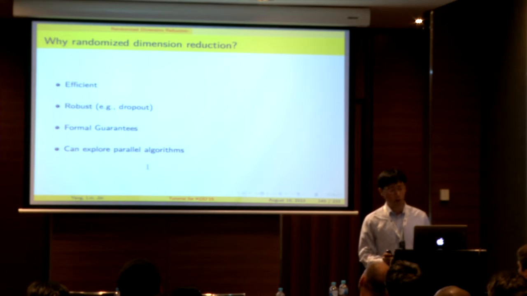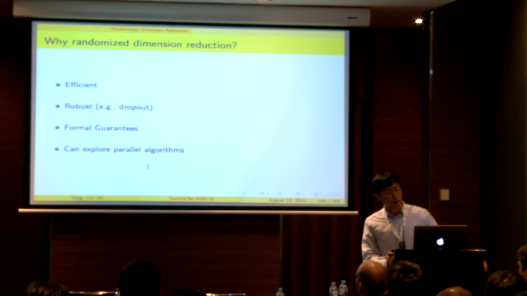So first, why randomized dimension reduction? Actually, there are many dimensionality reduction approaches, for example, principal component analysis, LDA, and others. But here I want to mention that randomized dimension reduction is more efficient and more robust.